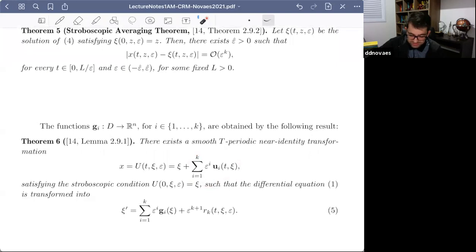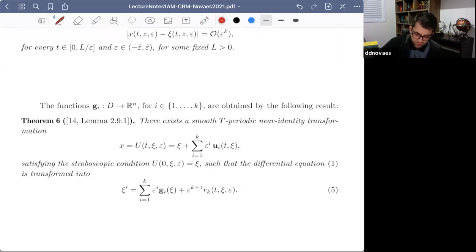So there exists this transformation satisfying the so-called stroboscopic condition. I'm going to comment on this condition in a second. It satisfies the stroboscopic condition, that is, u(0, z, ε) = z does not depend on ε, such that the difference equation 1, our standard form, is transformed into this new difference equation.